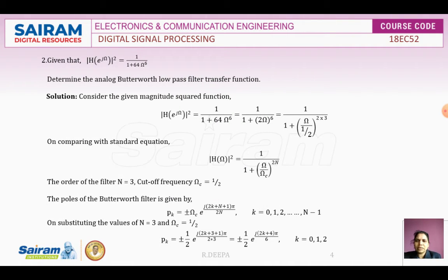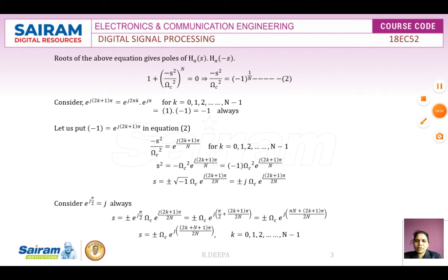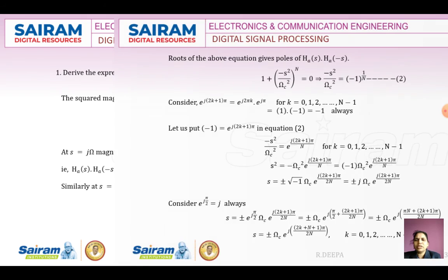So this final equation will tell you the number of poles available in the s plane. If you substitute the different values of k as 0, 1, 2, 3, we will be able to calculate all the poles for the given Butterworth filter.